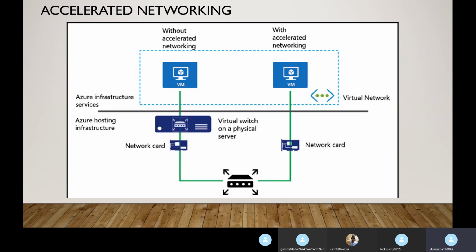Normally when you're creating a low level virtual machine, the virtual network card comes from the virtual switch. This is the Microsoft backbone network, and this is the Microsoft physical switch. When you're creating low level servers, the traffic goes to the Microsoft Hyper-V virtual switch.